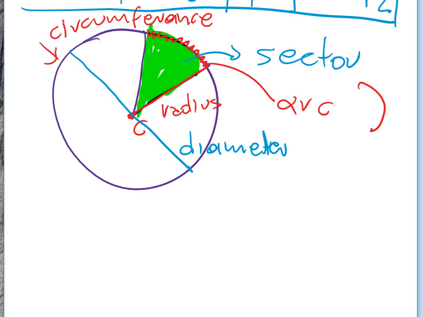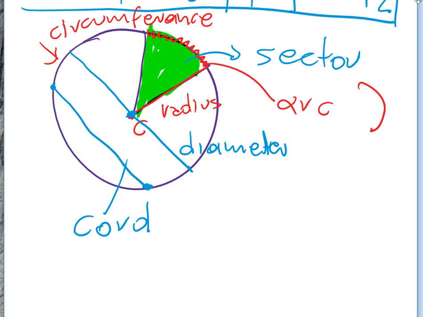Now when I have a chord, that means I'm touching from one point of the circumference to another point of the circumference, but this is not the diameter. It's not going through the center. That's the difference. So when it is not going through the center, it's called chord. When it's going through the center, it's called the diameter.